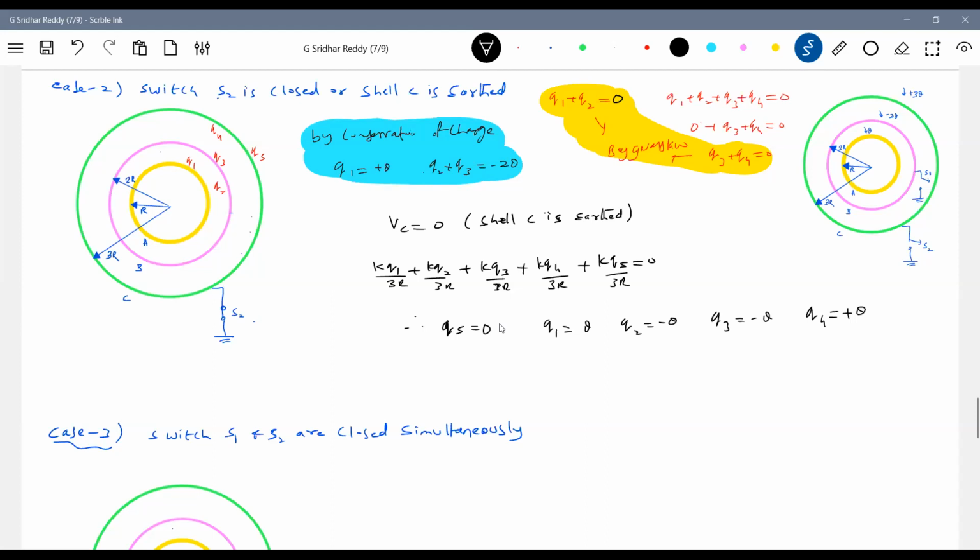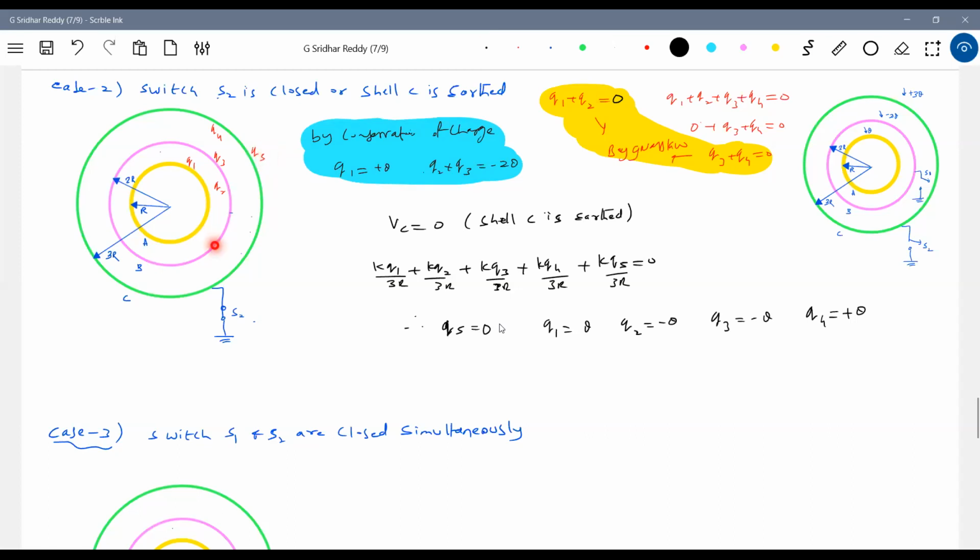So what is the one conclusion? Whenever the outer shell is earthed, charge on outermost surface will be 0. Are you noticing? Compare all the problems. The charge on outermost surface of outer shell will be 0 when that shell is earthed. Shell C is earthed. What will be the charge here? Will be 0. Check in all the cases.